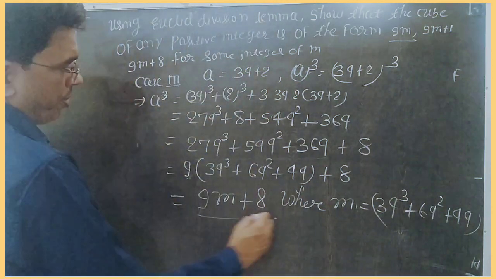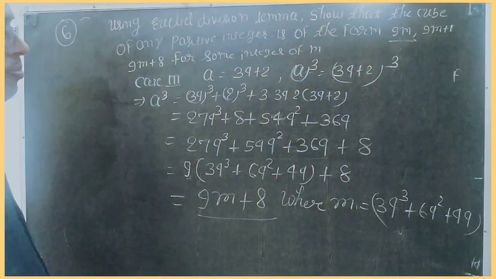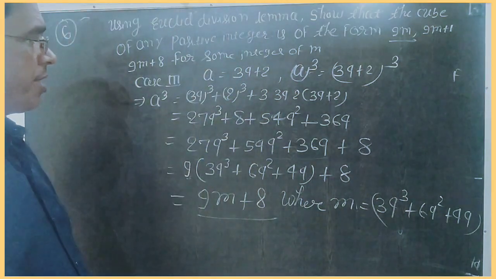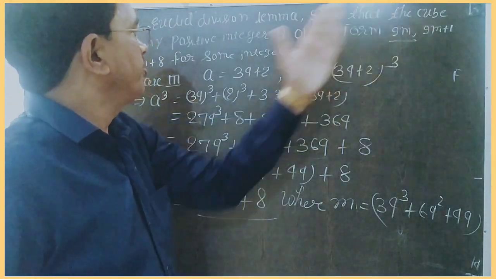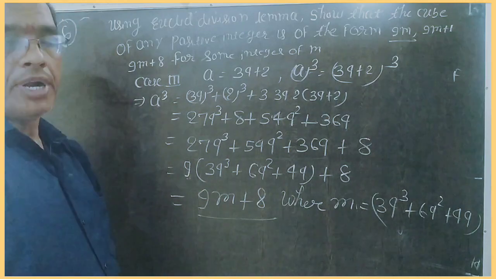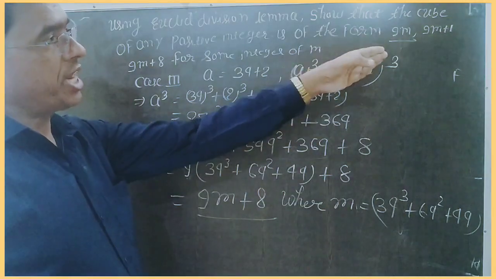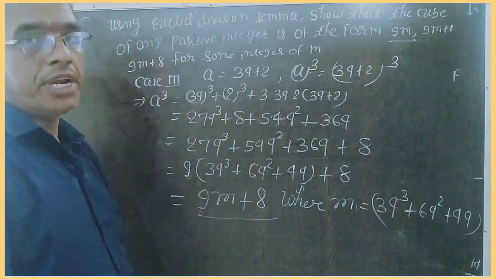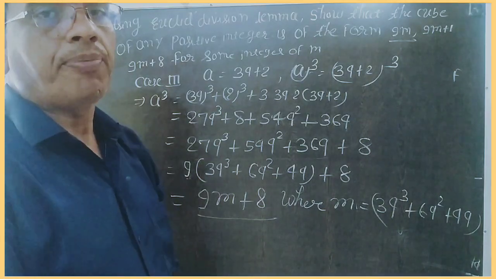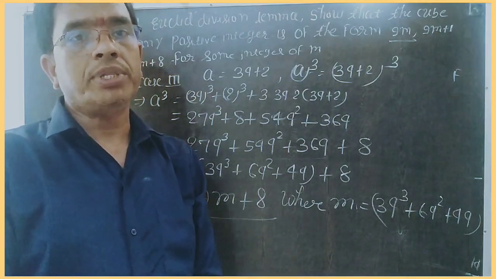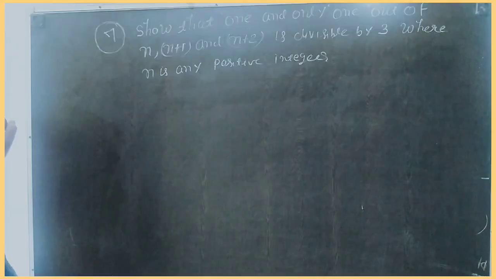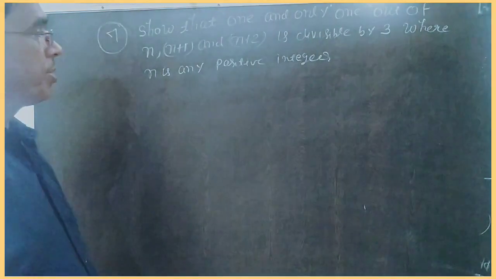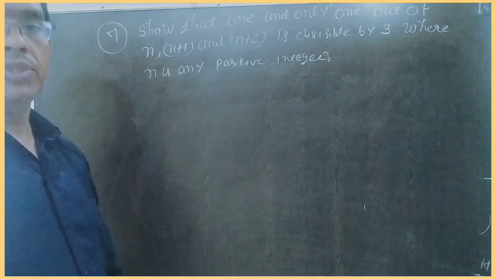So when you cube any positive integer, there are 3 forms and 3 cases: 9m, 9m plus 1 and 9m plus 8. But dear students, you take the integer in the form of 3q, 3q plus 1, 3q plus 2, as in question number 5. Now see questions number 7 and 8; both are the same.